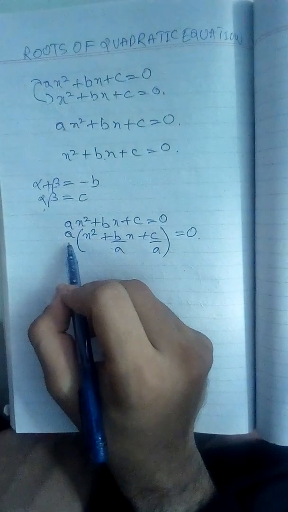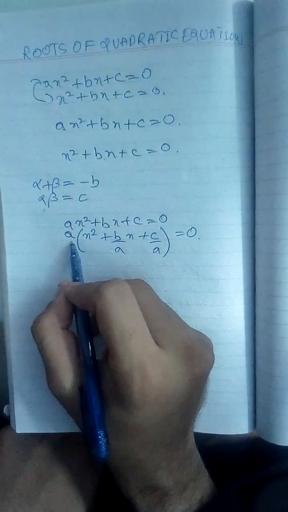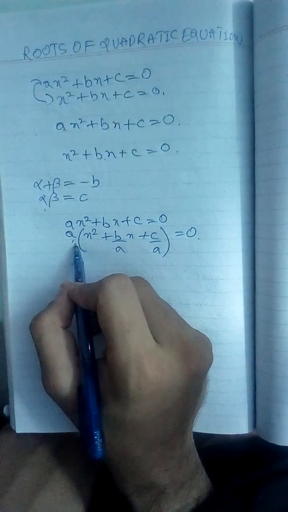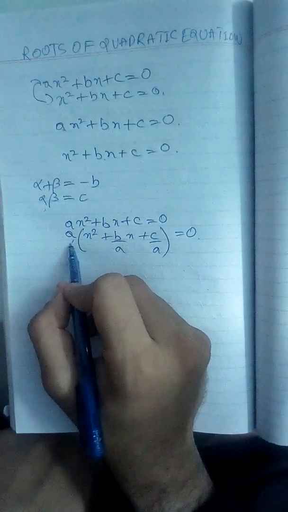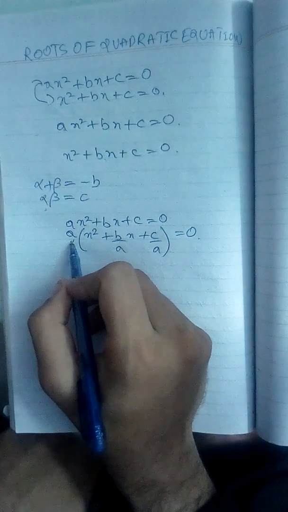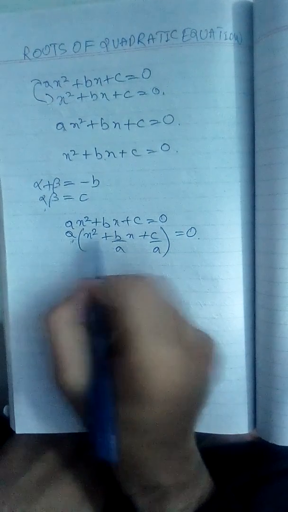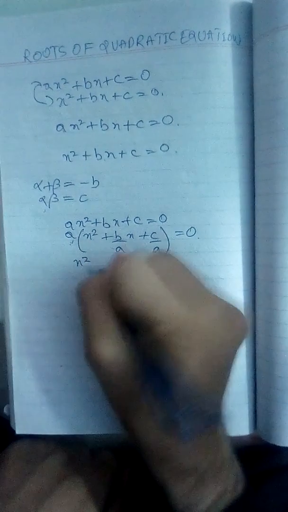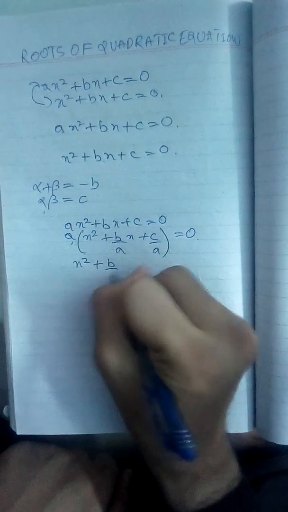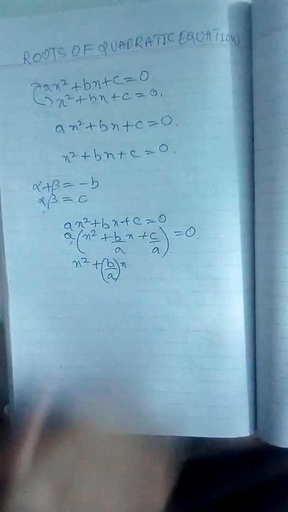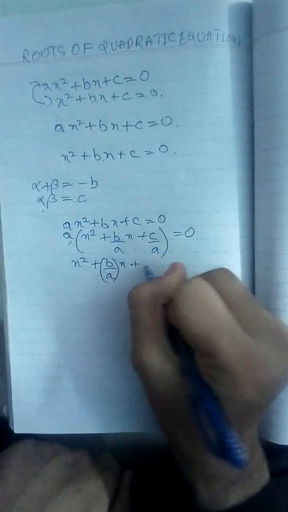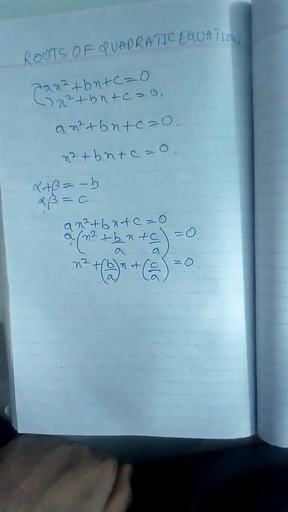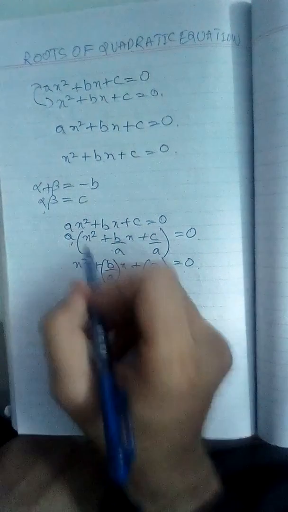Now since we are considering that a is a constant, a has a specific value, a is not a variable, so we would divide a from both sides and we would obtain x square plus b upon a x plus c upon a equals 0.